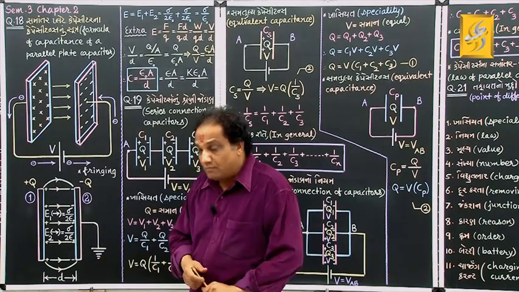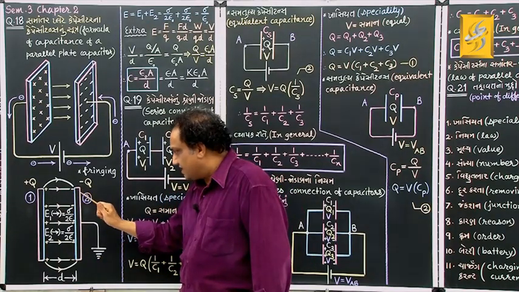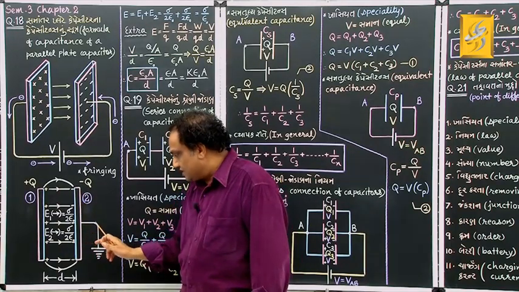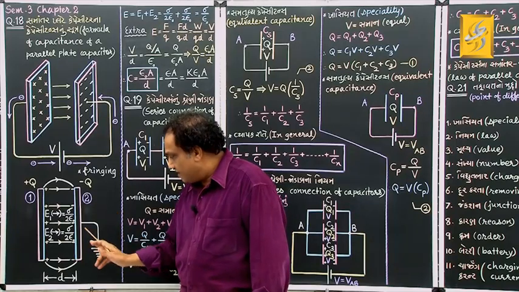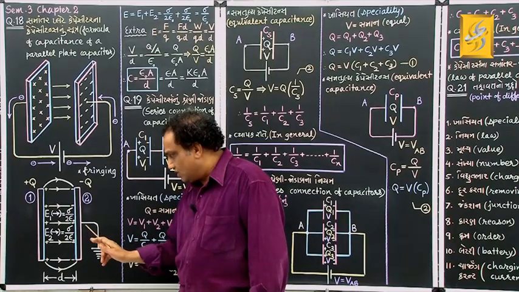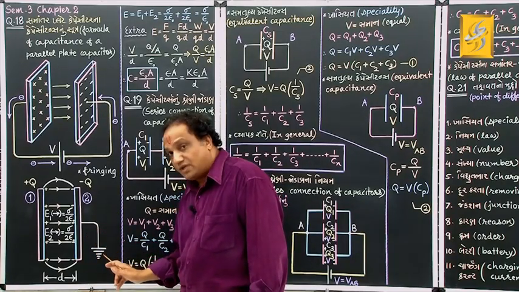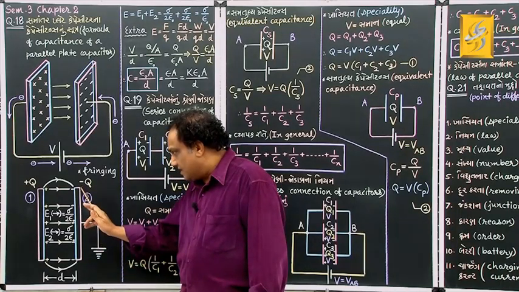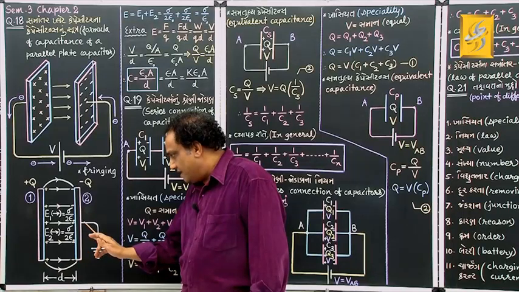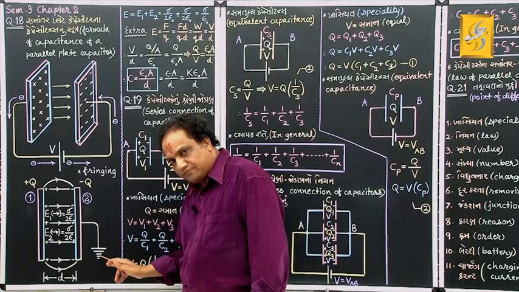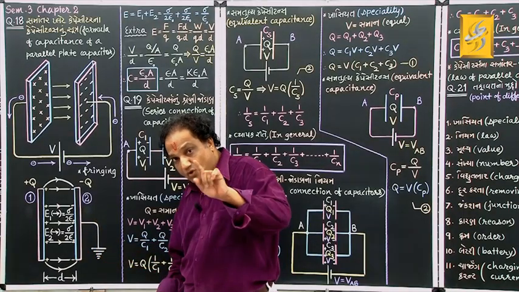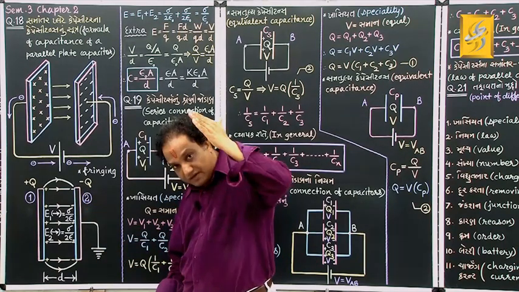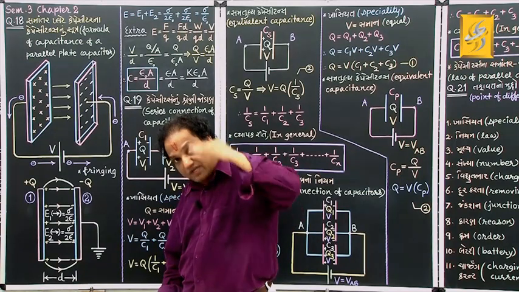And how do we remove the negative charge on this face? For that purpose, what we do, we just make it earthed. We provide a connection through this conducting wire to the ground, and then the electrons which are present here will enter into the ground, because the ground has zero potential, and compared to negative, 0 is higher.